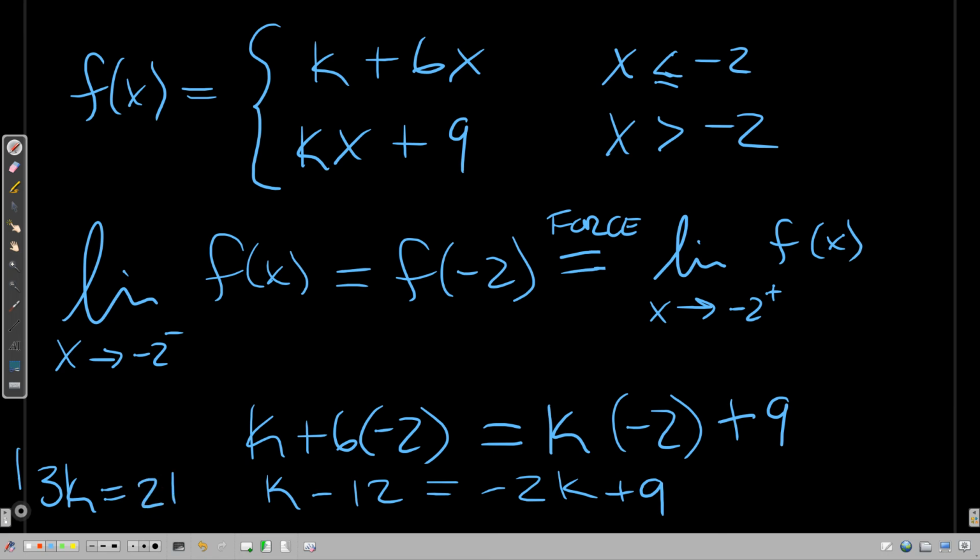So k must be 7. If we choose k to be 7, then we will have a continuous function.